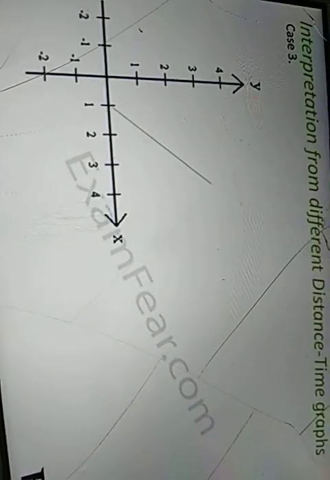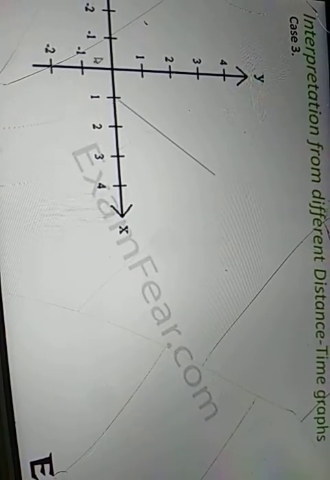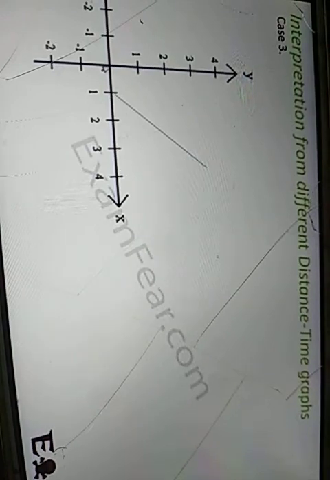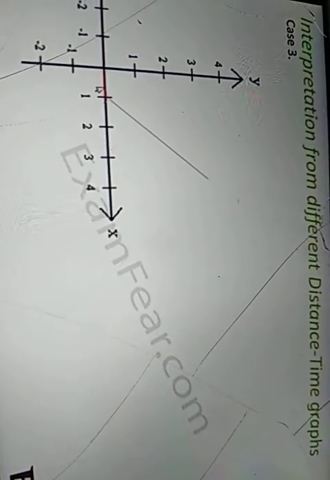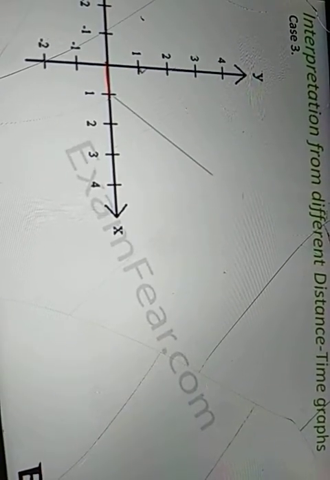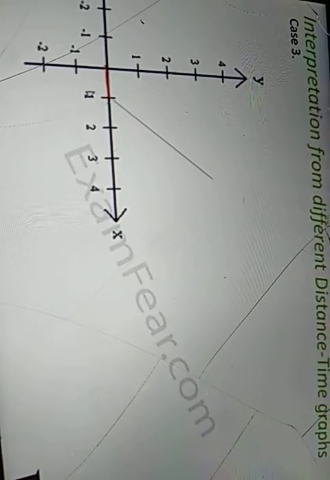Okay. Now let's look at case 3. Here we have a graph similar to that of case 2, but here it is not passing through the origin. So what does that show? That shows that initially the graph is like this. That means that initially, as time was increasing, the distance was not increasing, and only after that did the distance start increasing. So initially the object was at rest.